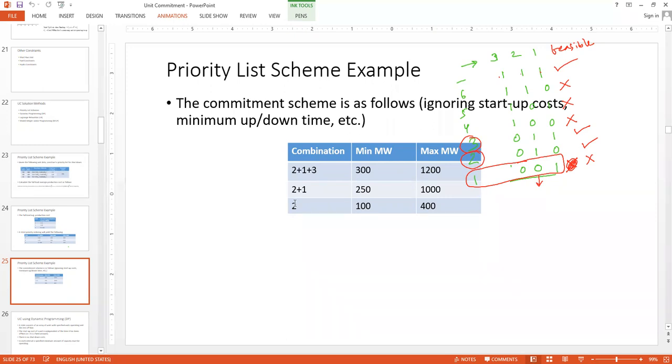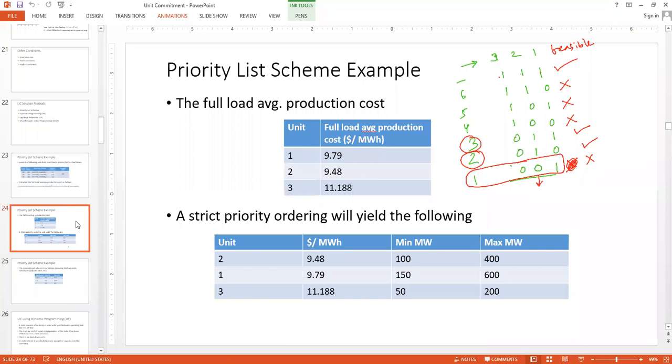Why? Because our first unit's maximum capacity can supply 400. If anything is beyond 400, then we have to turn on the next unit, because we cannot supply the demand running only unit number 2.